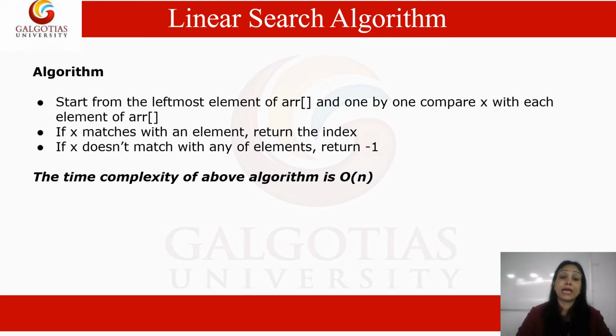So the time complexity of the above algorithm is order n. Why are we saying time complexity? Basically, what is time complexity? Time complexity is the total time which we need for doing that particular task.